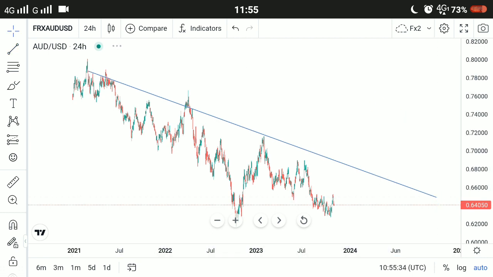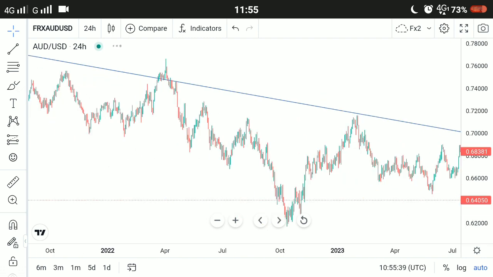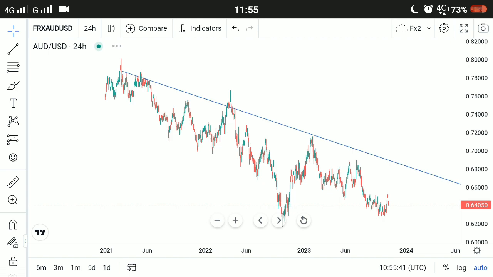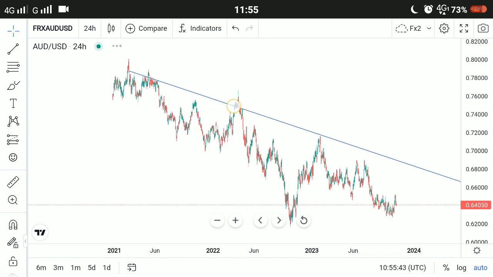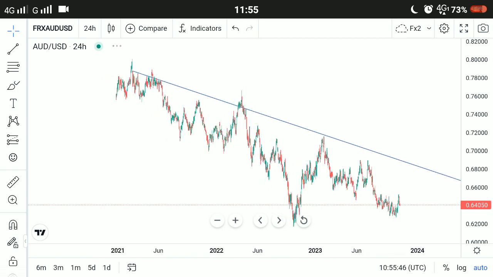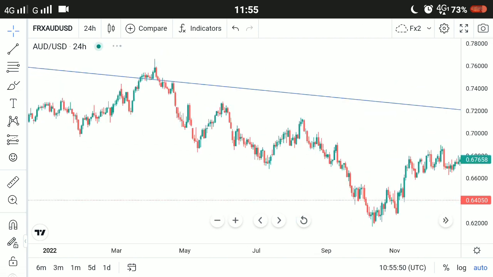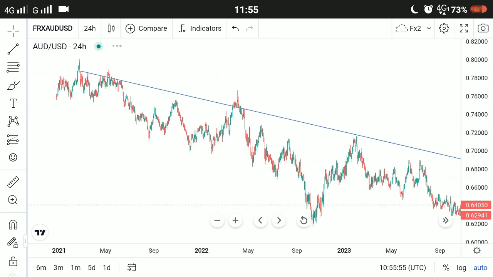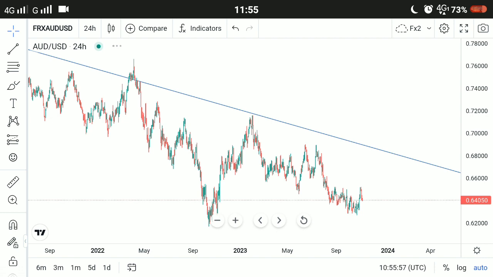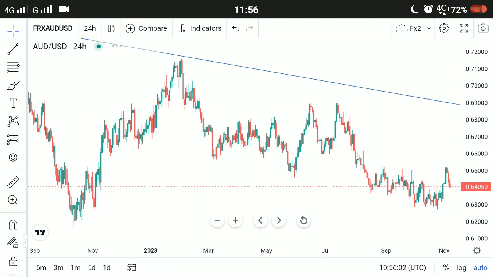Looking at this trend line, you can see some points where there was rejection, like a fake out. The first fake out was price breaking into the trend line, retesting it and dropping massively. The next one here, the price didn't touch the trend line but almost touched the major trend line, and also caused a massive pull to the downside.